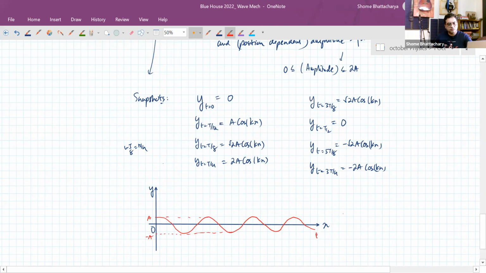So this is at T by 12. And by the time you come to T by 8, the medium now looks, you can see the shape has not traveled. It's a stationary waveform.